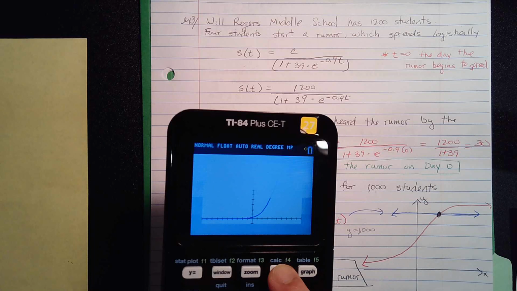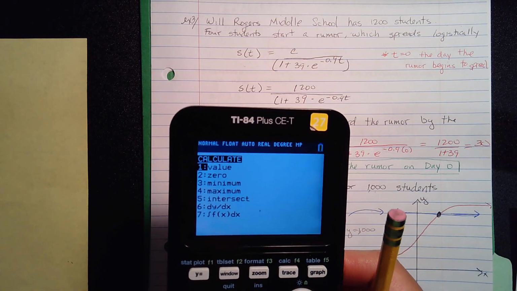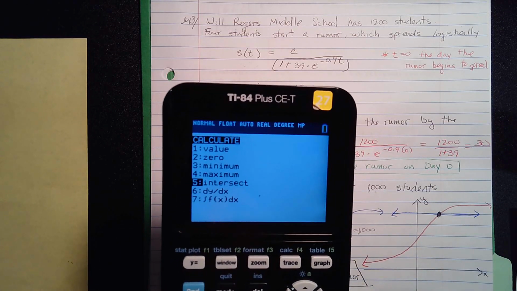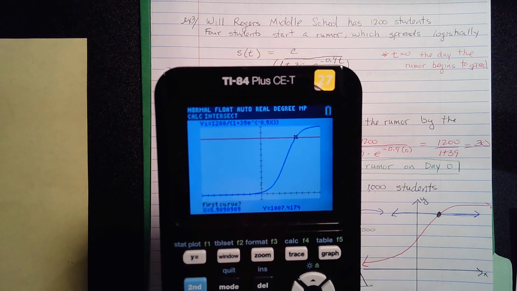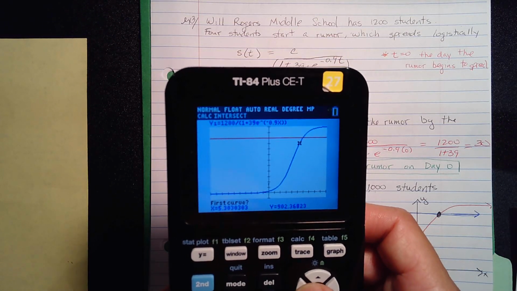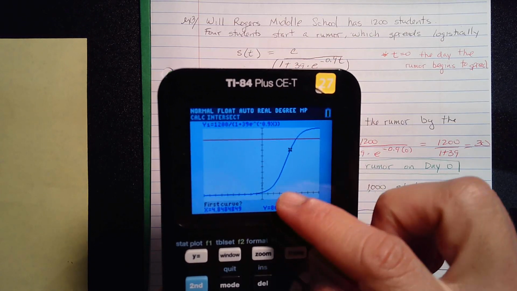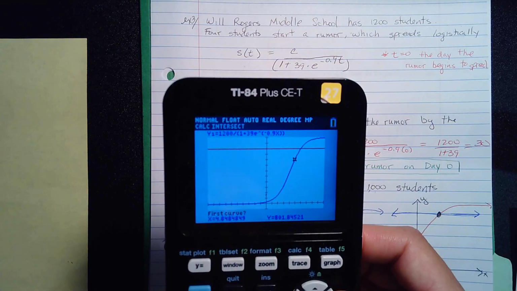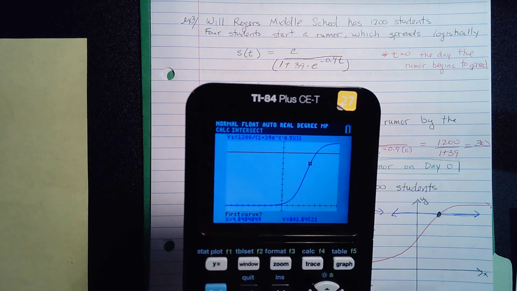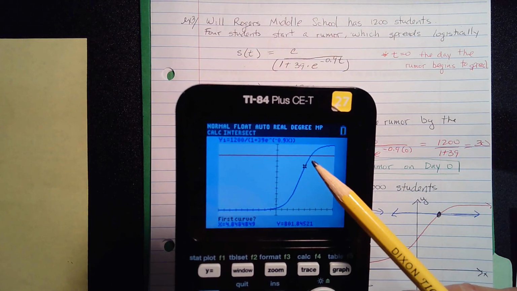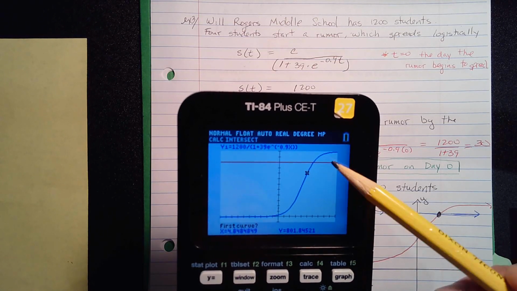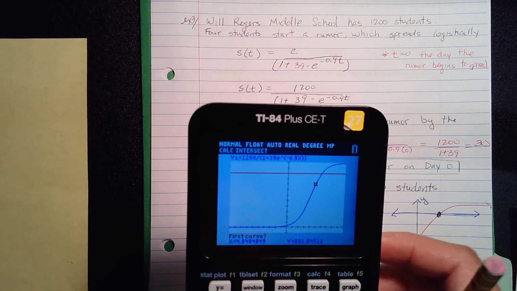So go to second calculate, and now go to intersect. And you're going to do this a lot in calculus. Okay, to find the intersection, your first curve is this logistic function. You want to be to the left of this, you just want to be to the bottom of this intersection.